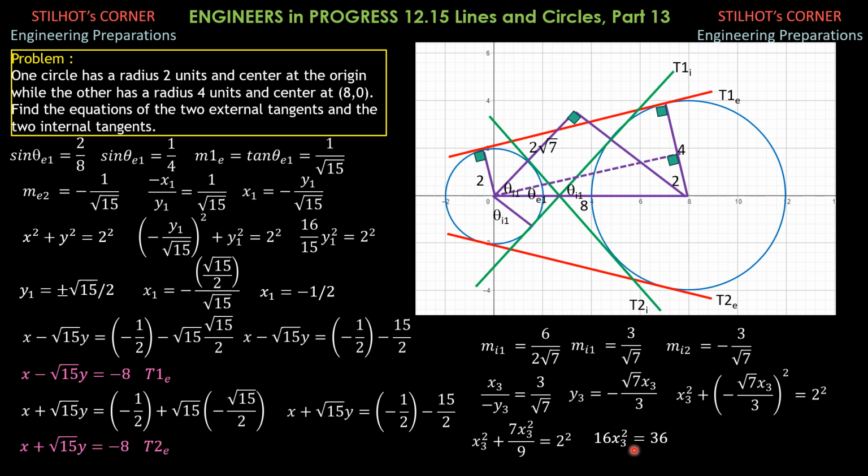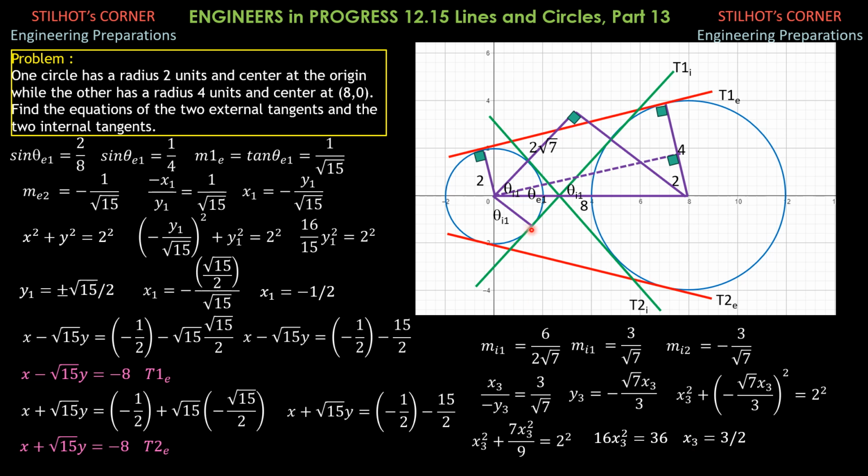So x3 is square root of 36 over 16, and that's 6 over 4. Square root of 36 is 6, square root of 16 is 4. That's why it's 6 over 4 or 3 halves. So x3 is plus or minus 3 halves.